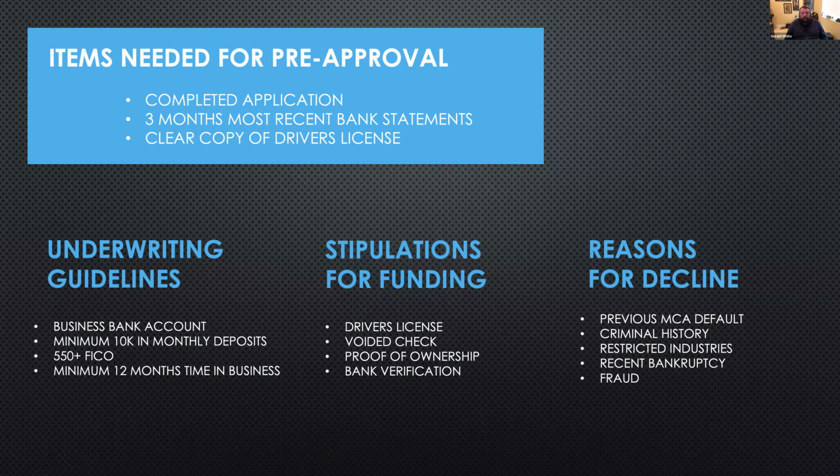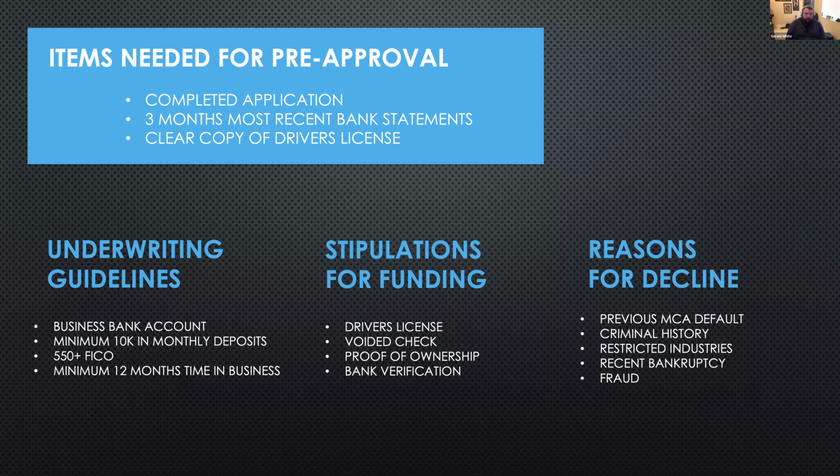So reasons for decline, right? Who's getting declined? Not a lot of merchants get declined, but there are some ones here. So previous MCA default. If they've already had this product from another company and they didn't pay it, you're probably not going to get them one from another company.